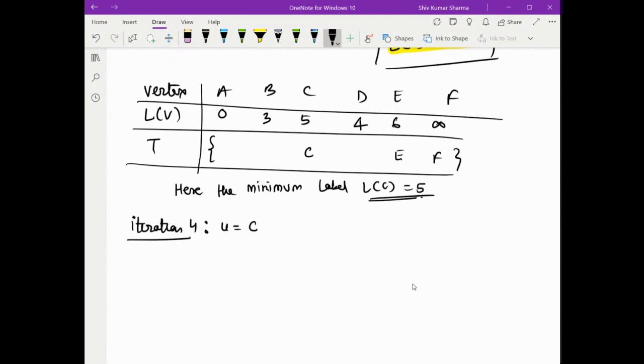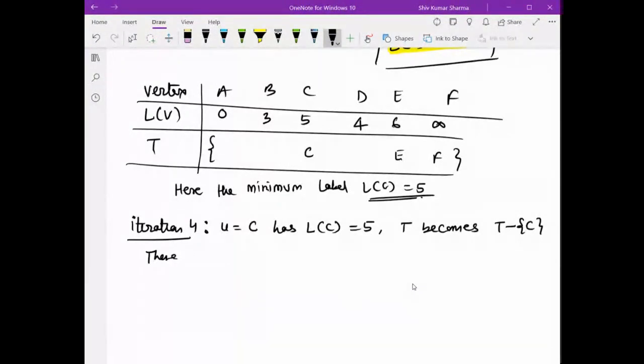Here U is denoted as C, which has a level equal to 5. So T becomes T minus C, that means we eliminate C from T in the next step.